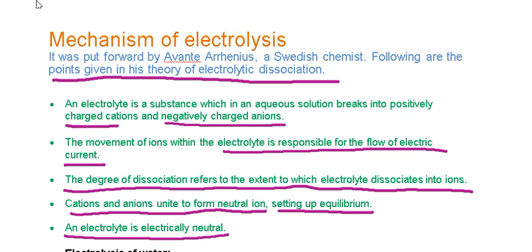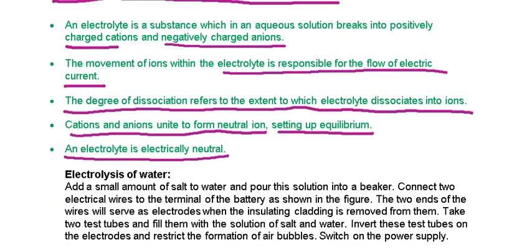You have learned that when acid and base combine, it forms neutralization. Cation and anion unite to form neutral atoms. Now you can go through the other slide and refresh your knowledge.